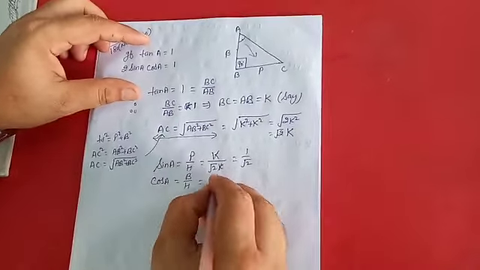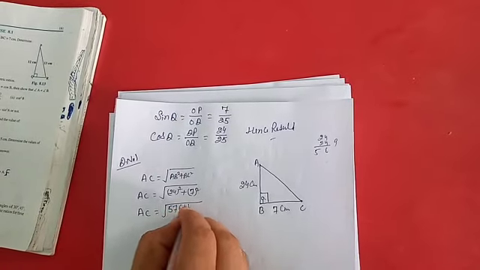AC is equal to what? Under the root AB square plus BC square. AC equal to under the root 24 square plus 7 square. 24 into 24, 576 plus 49.